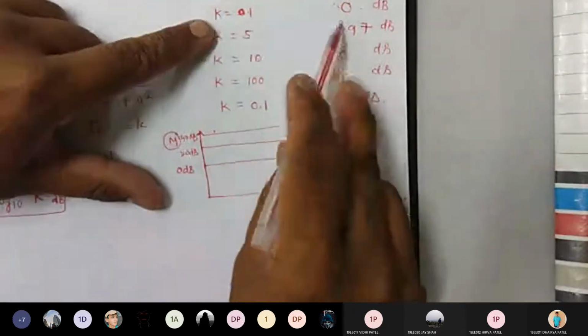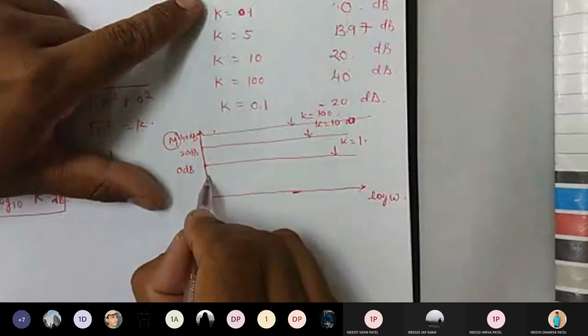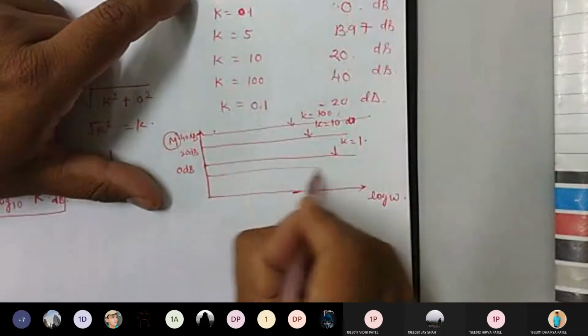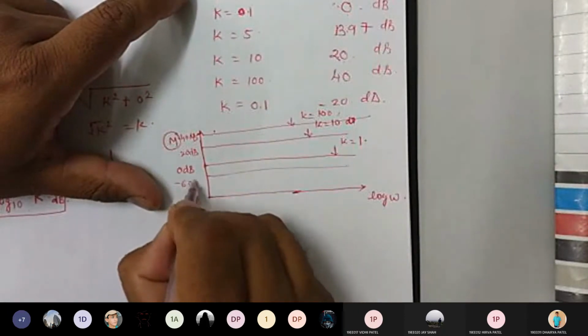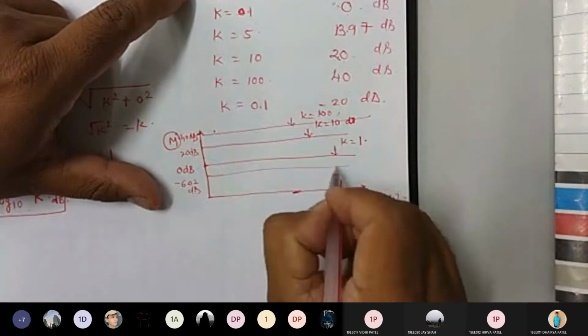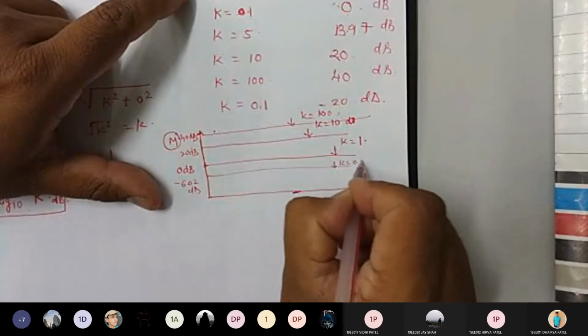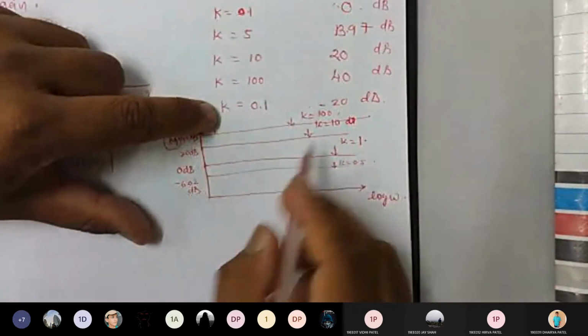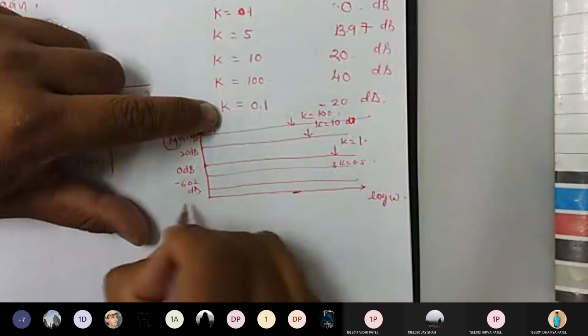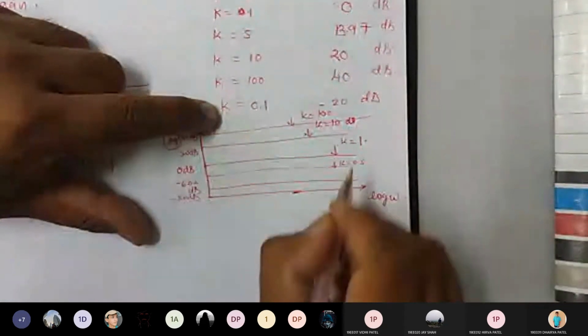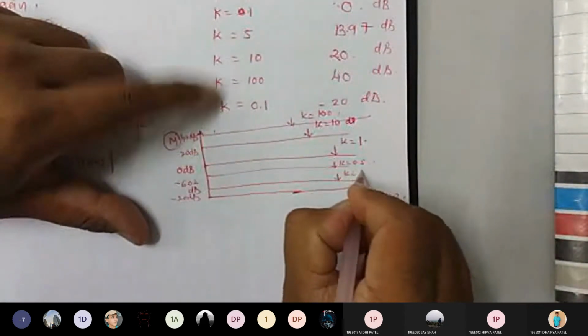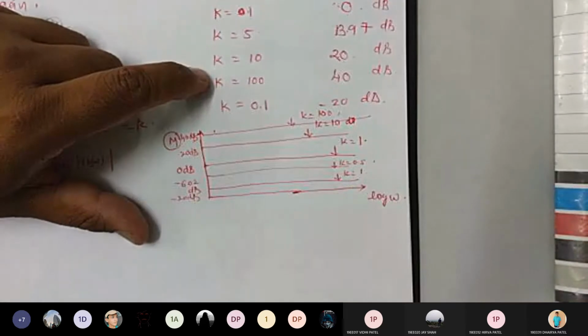For K equal to 0.5, it is minus 6.02 dB. For K equal to 0.1, it will be minus 20 dB.